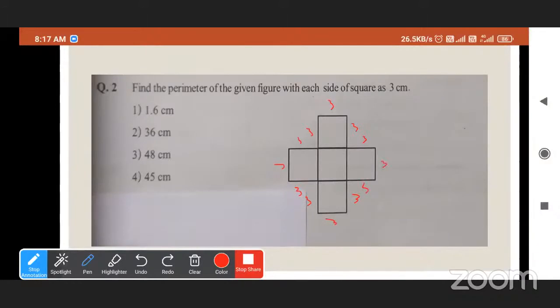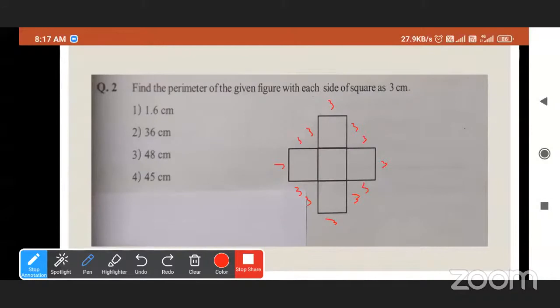So find out the perimeter of this figure. Perimeter means the sum of length of boundary lines of given figure. Yes, answer is 36.